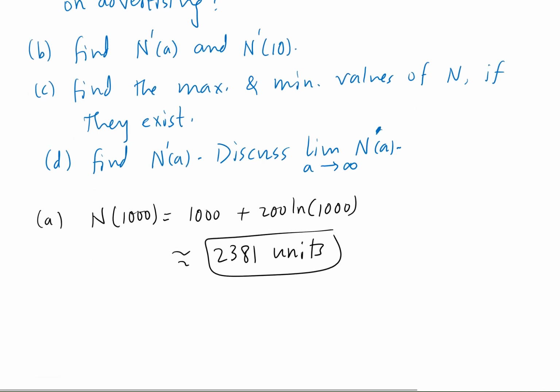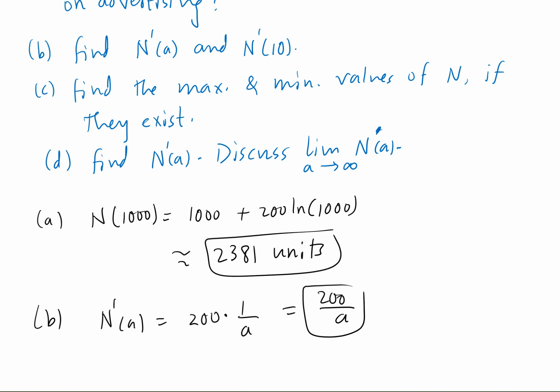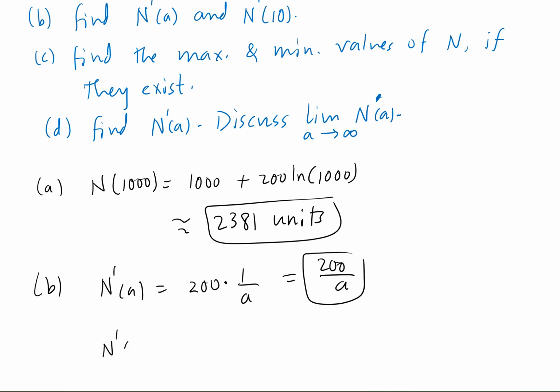So a calculator is needed. Part B, find n prime. So n prime of A, let's see. The 1000 is 0, 200 times the derivative of natural log of A is 1 over A. So it's 200 over A. And then they want us to evaluate that at 10. So 200 over 10. It becomes 20. That's for part B.